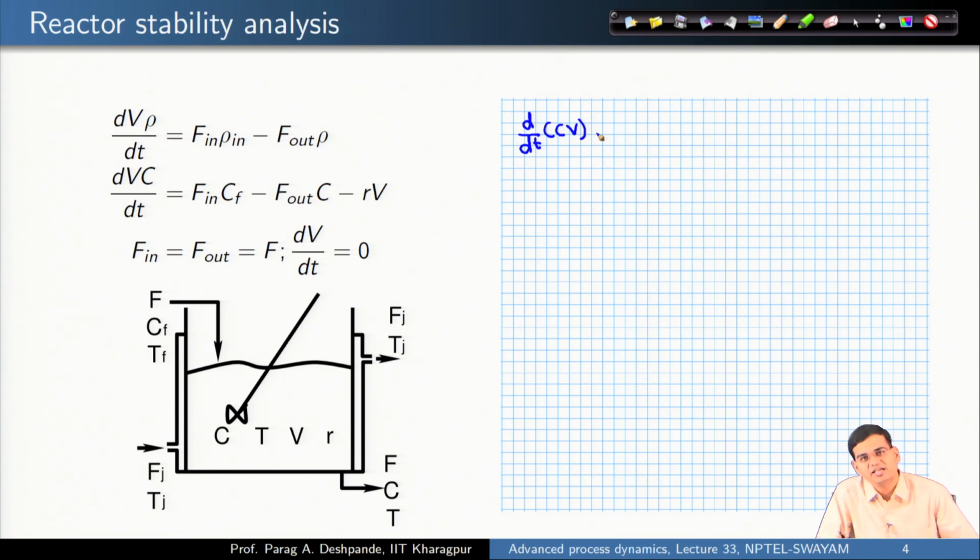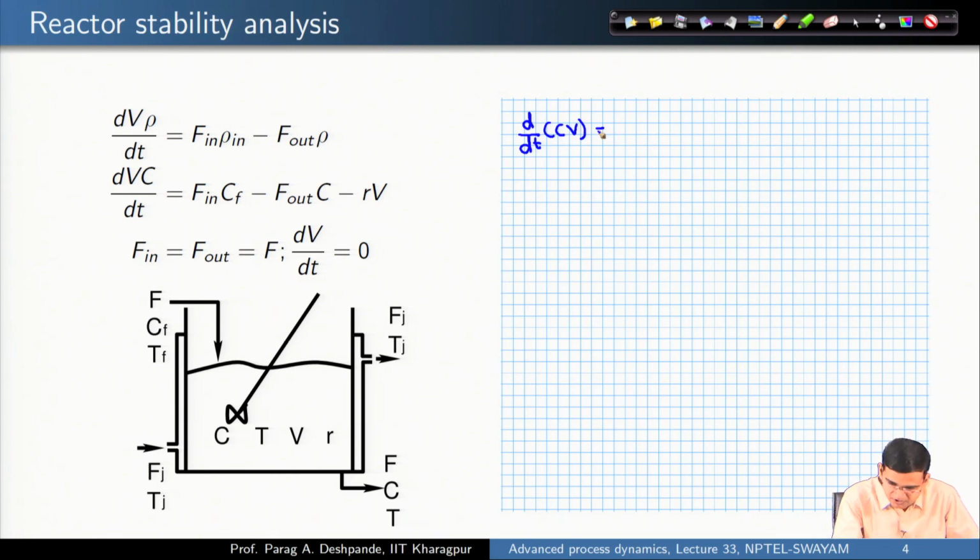V has been assumed to be constant from the previous assumption, so I can take V out, but at this stage I am writing this as d by dt of C multiplied by V.